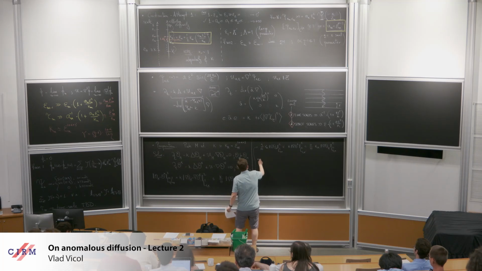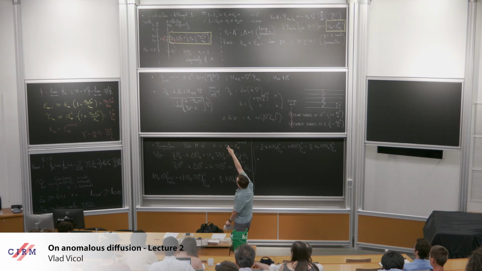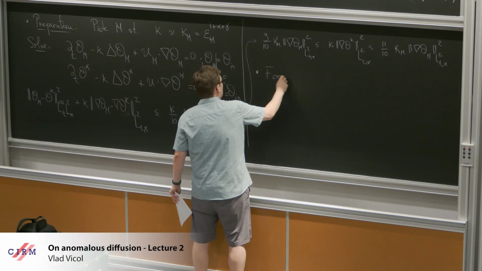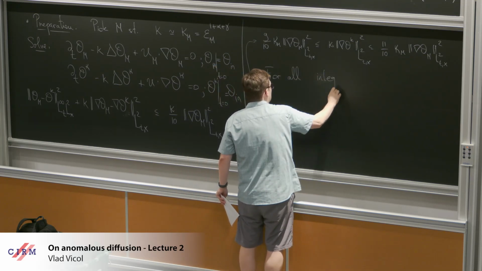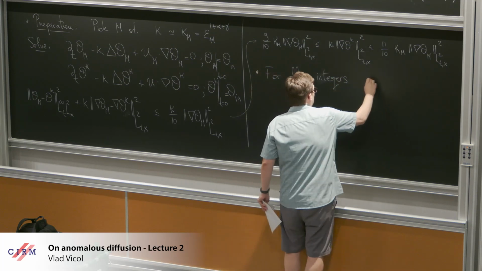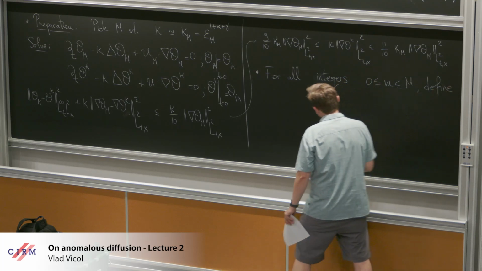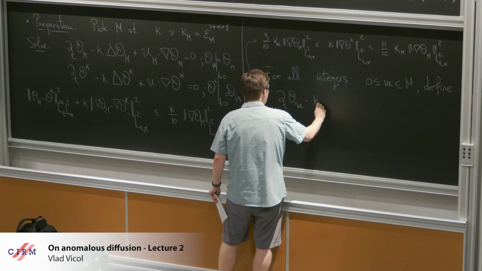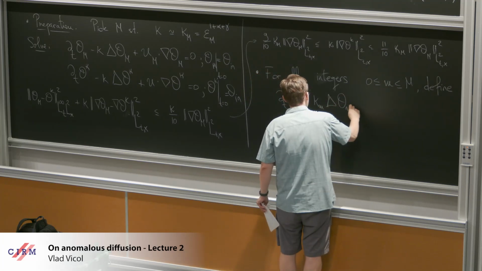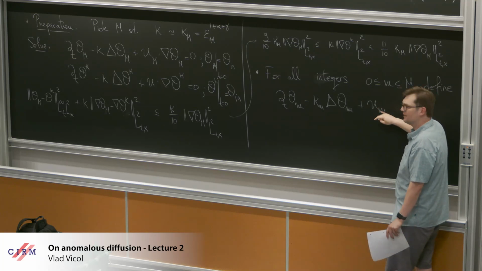Okay. So now you've done the preparation, and now you want to do, on the top board, you want to jump across the scales, right? So for all integers m, define theta little m as the solution of this equation, in which you replace the full vector field only by the vector field after m iterations.